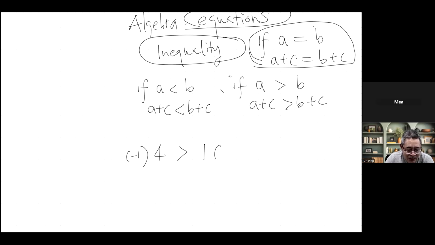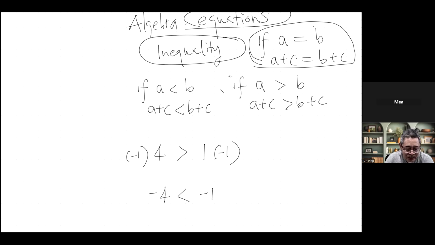Well, on this side is -4. On this side is -1. Well, but -4 is less than -1. So this has to change when we multiply by a negative. So we have to flip it. So that's the only thing when we're dealing with inequality, which is different from equations, that when we multiply by a negative number, we have to flip the sign.